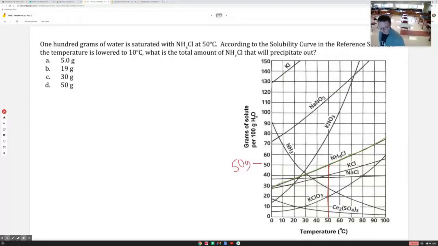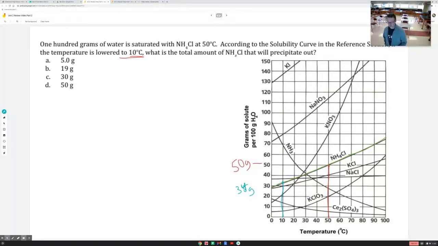So I'm starting with 50 grams of stuff dissolved in the water that makes it saturated. Then I drop the temperature down to 10 degrees. At 10 degrees, I hit that green line between the 30 and the 40. Let's say it's somewhere around 35. The exact amount is arguable. It's probably a little less, maybe 34.